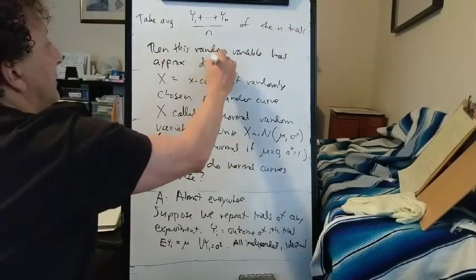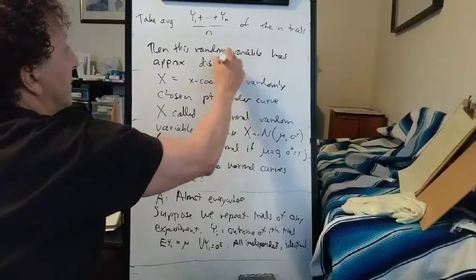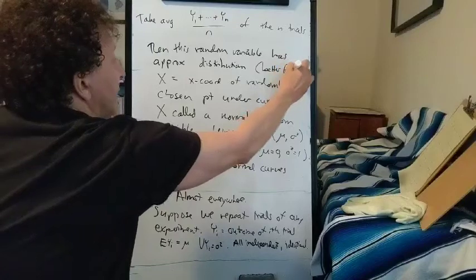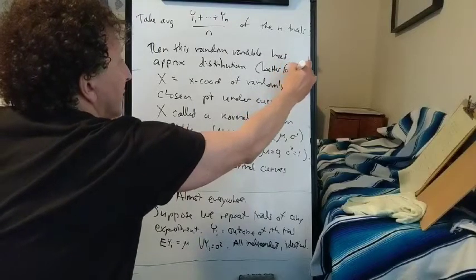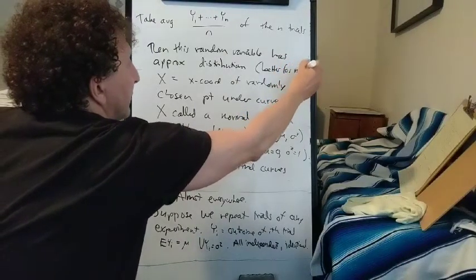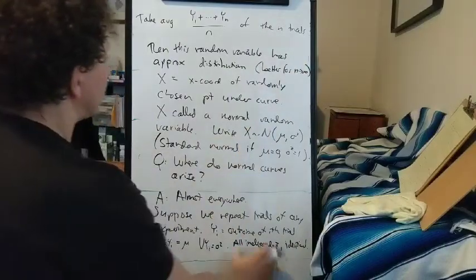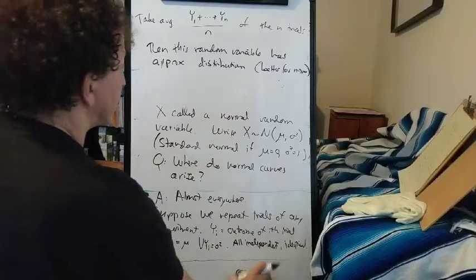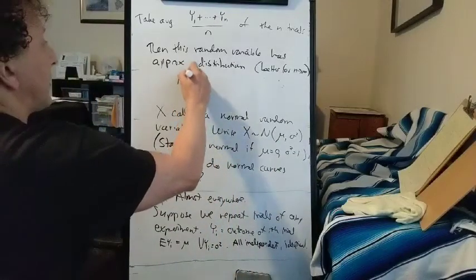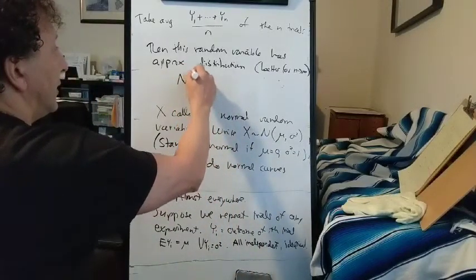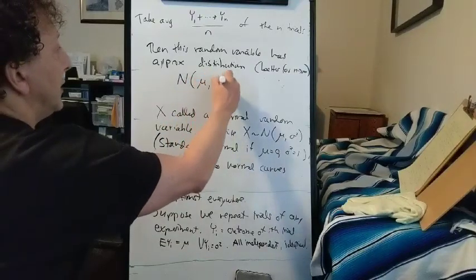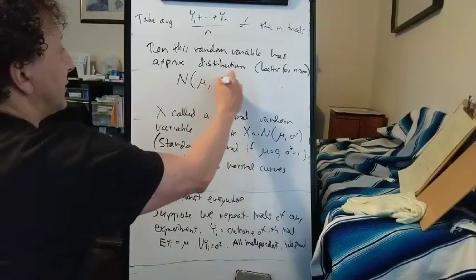So this has the approximate distribution, which gets better and better for n getting large, of a normal random variable with mean mu and variance sigma squared over n.